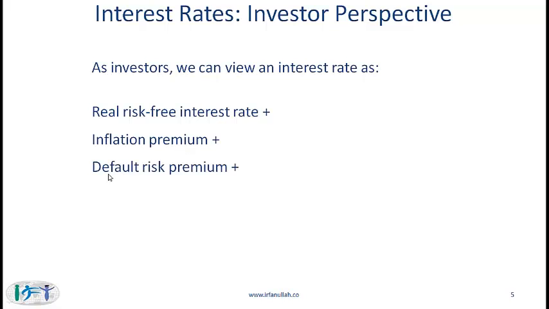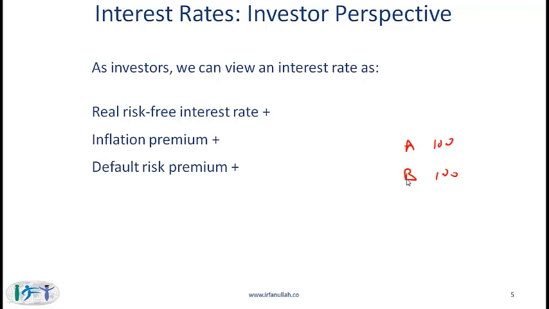We can also then add the default risk premium. This is the additional premium that an investor requires because of the risk of default. And you can understand this through a simple example. Let's say that you lend some money to person A and also lend some money to person B. To both these people, you are lending $100 initially.